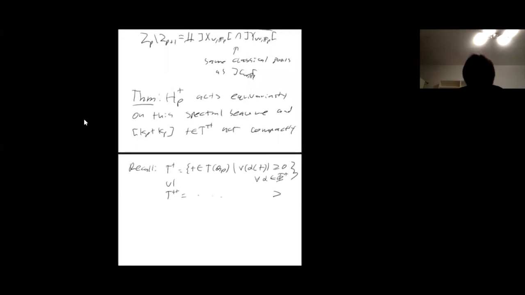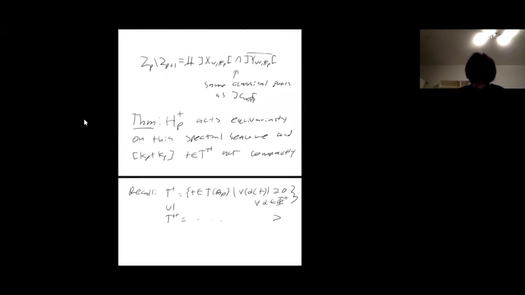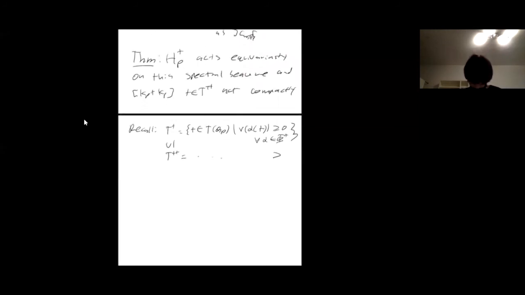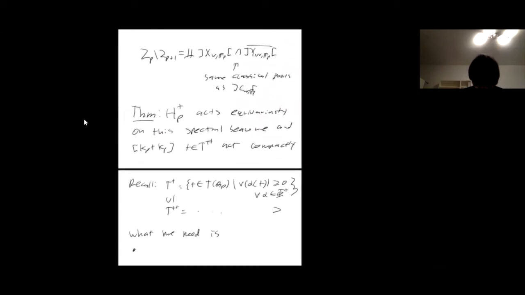Okay, so based on the discussion about actions on cohomologies with supports, what we need is, somehow we need T to contract the open and T transpose to contract the closed.